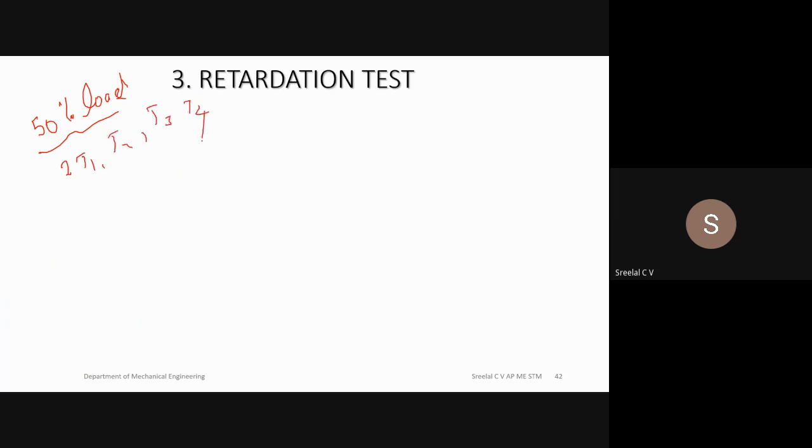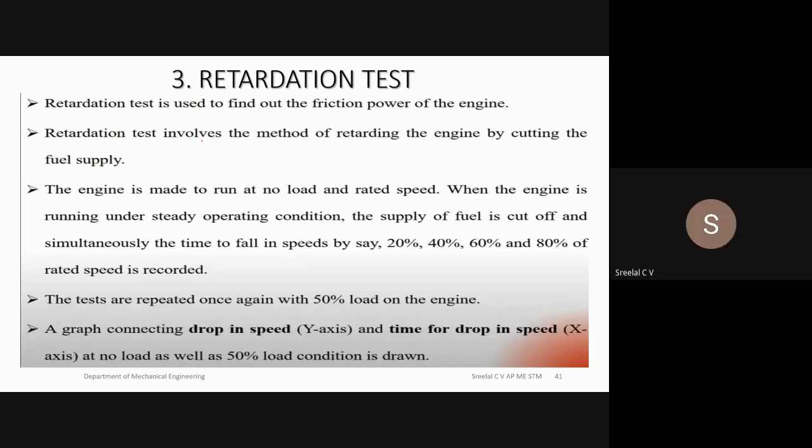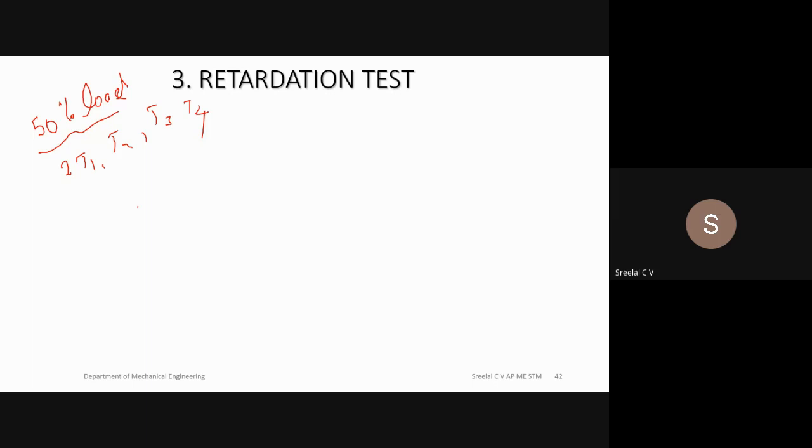Understood? So here we will be taking two values, right? The drop in speed and the time for the drop in speed.